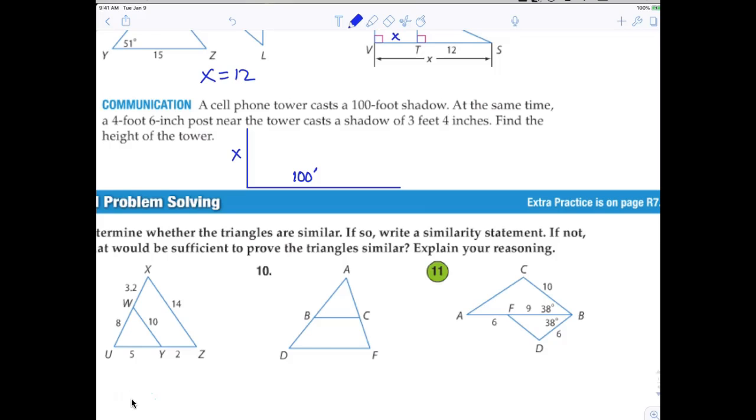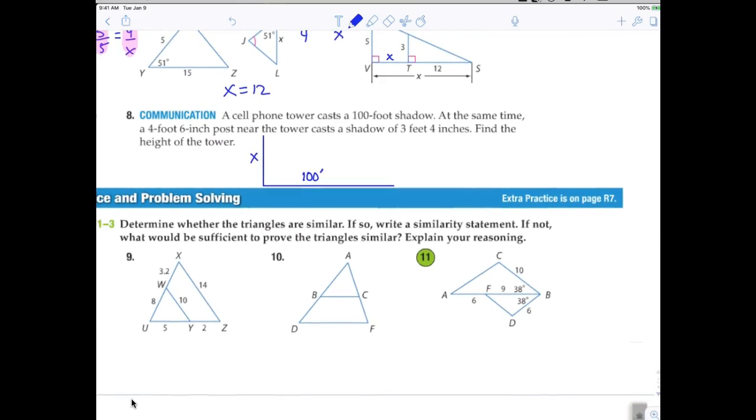Okay? I have kids every year draw the shadow in the wrong spot. I know you're laughing now, all right? And when you look at your test and you put your shadow as the hypotenuse or something, that's a problem. The shadow is always on the ground. Do not put it anywhere else.